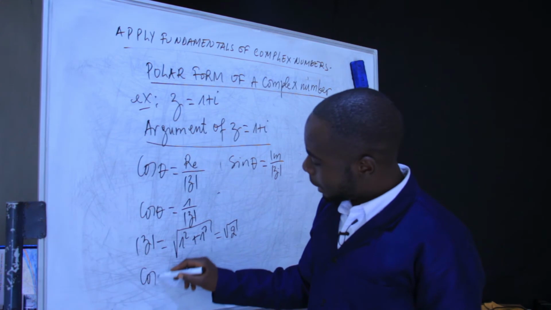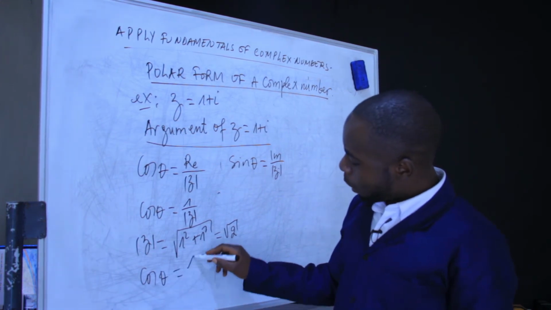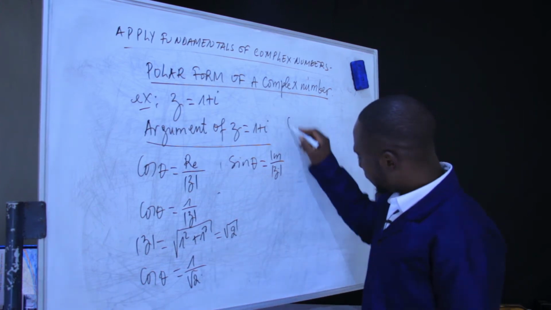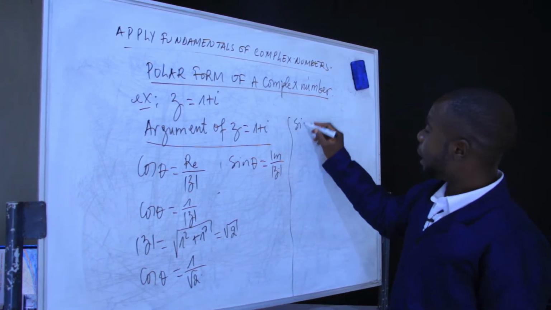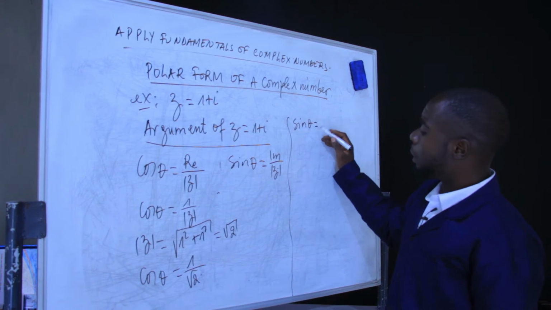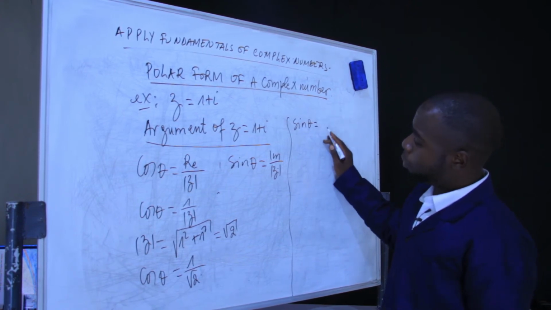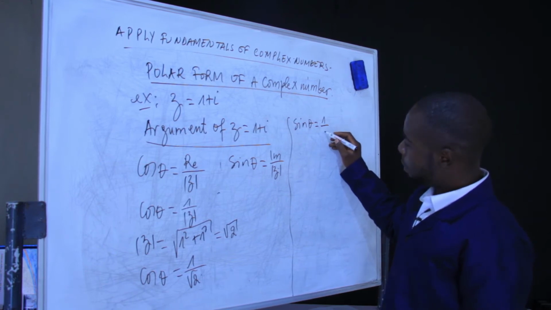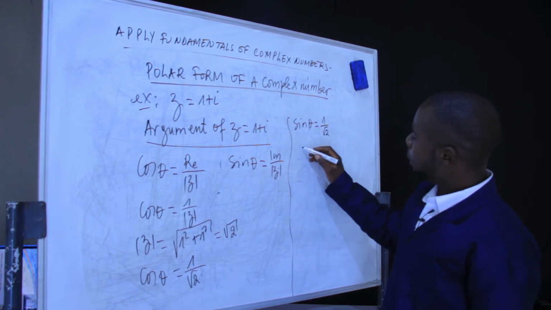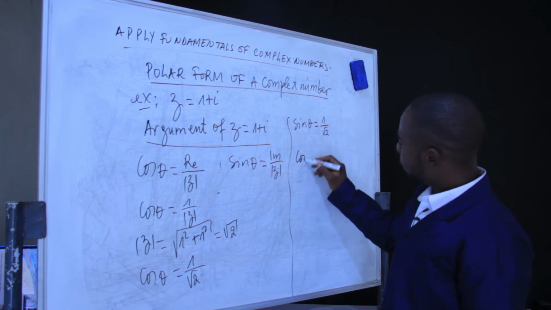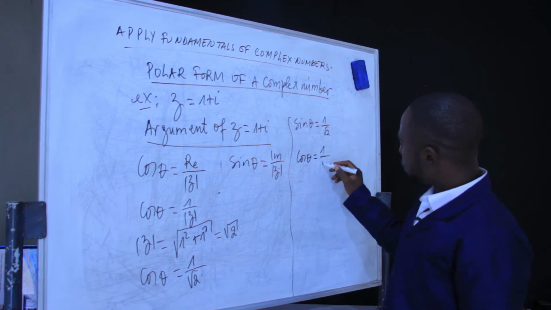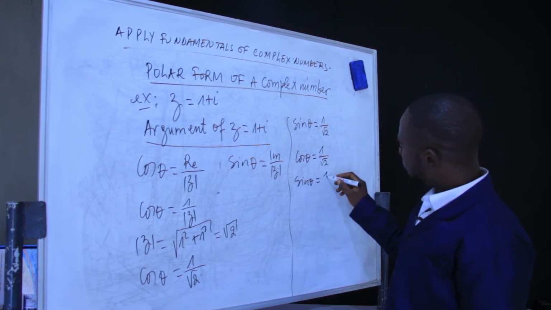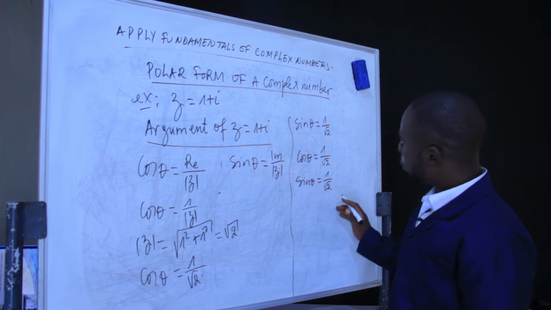Then cosine theta will be equal to 1 over the square root of 2, and sine theta will be equal to the imaginary part over the modulus, which is 1 over the square root of 2.